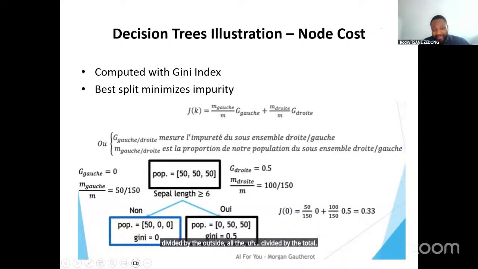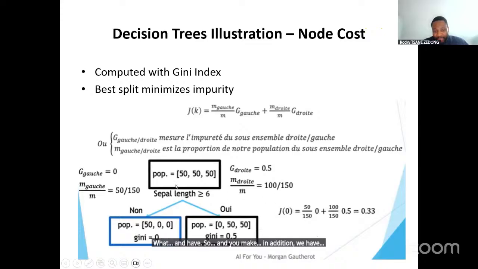So here we have a left cost of 0, and the right cost, if you make the same calculation, is 0.5, and you make the addition.